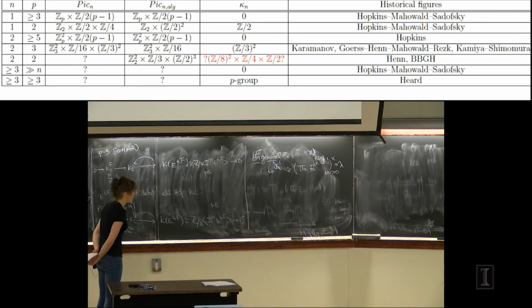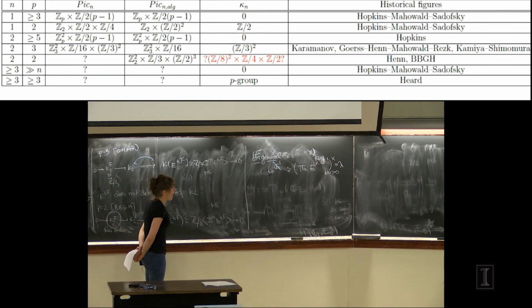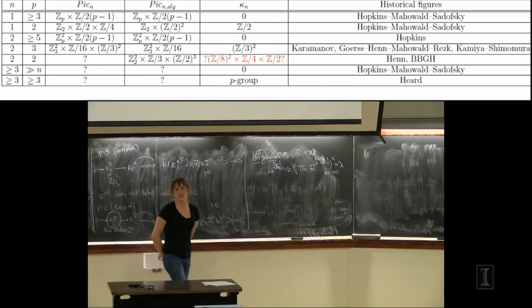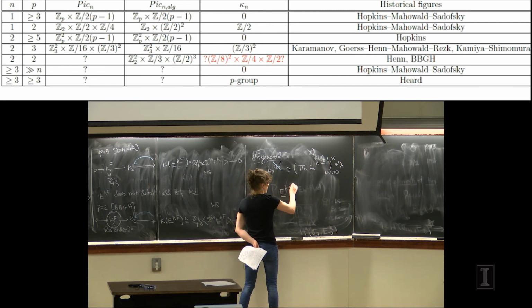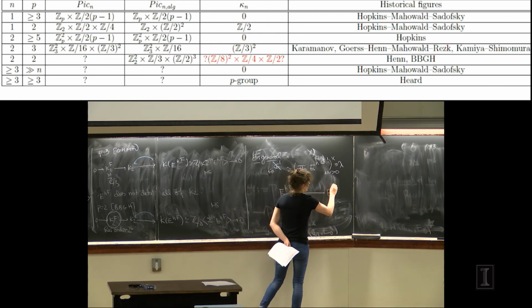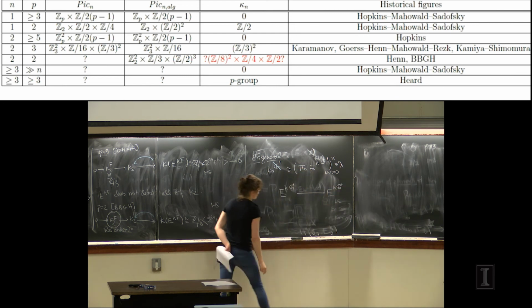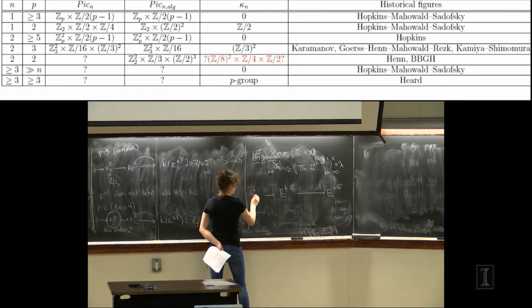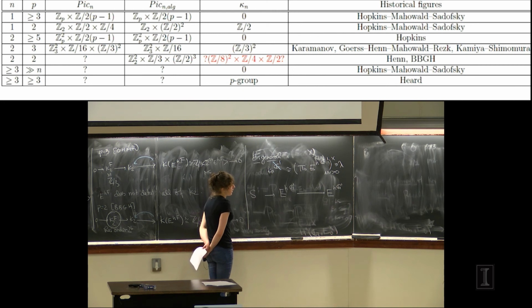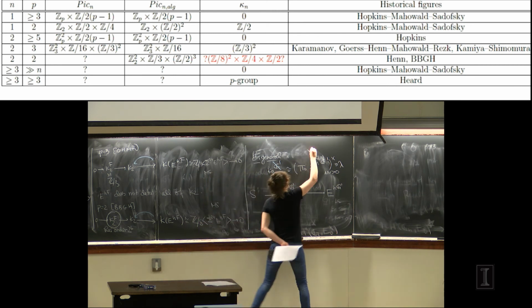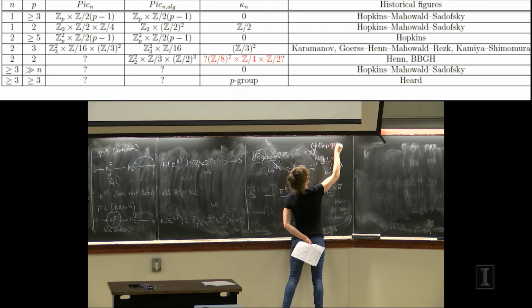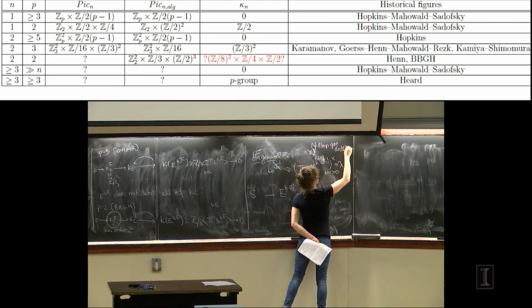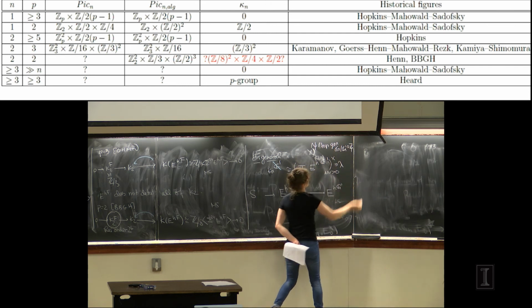OK? And then if you have an element in here, you see this trick. So this trick seemed to have been born in the Hopkins-Mahowald-Sadofsky paper. They construct a bunch of elements of the Picard group in there. And this is just a play on that strategy. So you look at E^{hG1}. Usually there's a familiar fiber sequence where you take a topological generator of G modulo G1, which is a copy of the p-adics, OK?